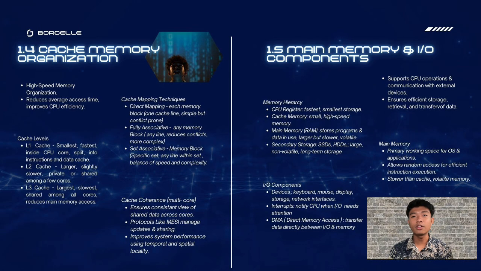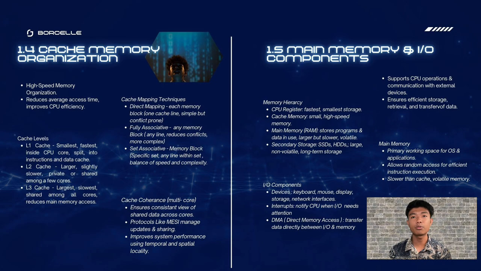Memory and I/O components support CPU operation and enable communication between the computer system and external devices, ensuring efficient data storage, access, and transfer during program execution. Computer systems use a memory hierarchy based on speed, cost, and capacity, starting from CPU registers, followed by cache memory, main memory or RAM, and secondary storage such as SSDs and hard disks.